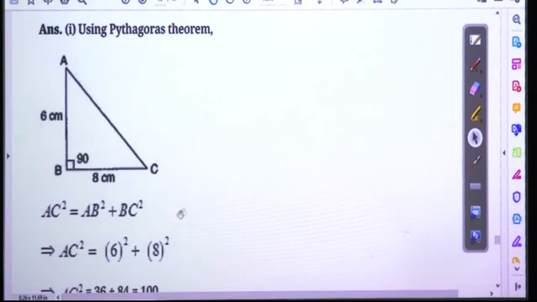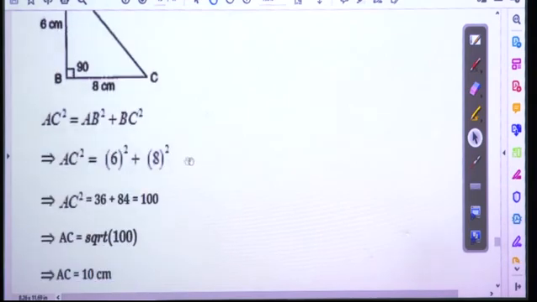It is 8. So, 6 square plus 8 square, AC square is equal to 6 square is 36, 8 square is 64. Here it is a print mistake, it has become 84. Actually, it is 64. 8 square is 64 and 36 plus 64 becomes 100. AC is equal to, means we have to find the square root.